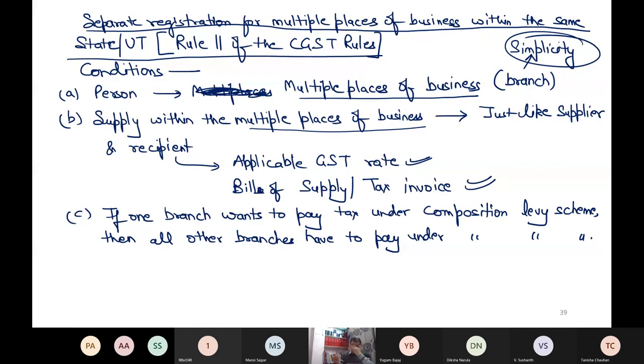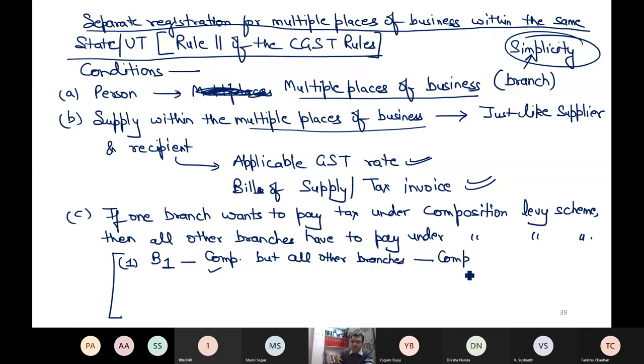If one branch wants to pay under the composition levy, and others are not willing, then they have to, otherwise it's not possible. So what will be the effect of this point? Branch 1 wants to pay under the composition levy, but all other branches do not want to pay under the composition levy.